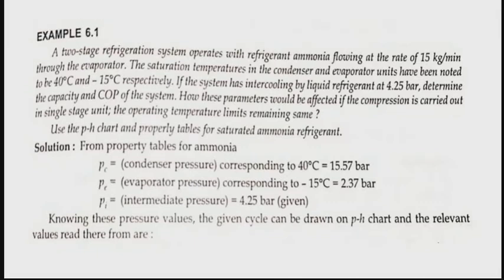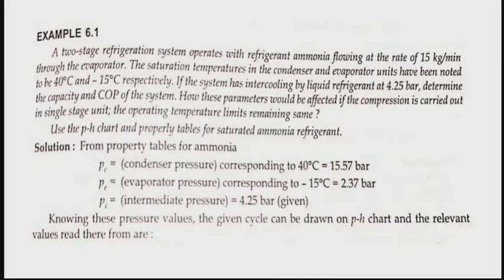The evaporator pressure corresponding to minus 15 degrees centigrade is 2.37 bar, and the intermediate pressure is given in the question, 4.25 bar, for the intermediate cooling by the liquid refrigerant. So all these things we get from the property table.